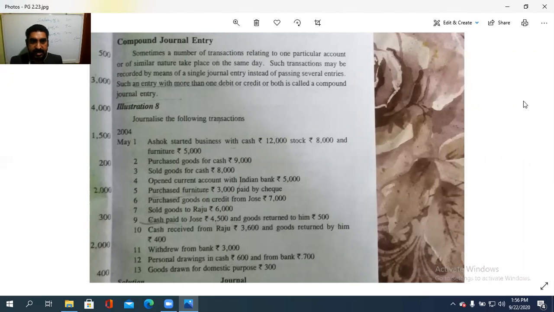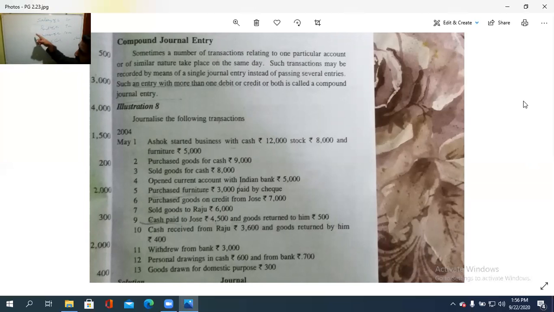In such a case of the same day, if a number of transactions relating to one particular account or of similar nature take place on the same day, such transactions may be recorded by a single journal entry instead of passing several entries. Such an entry with more than one debit or credit or both is called a compound journal entry.